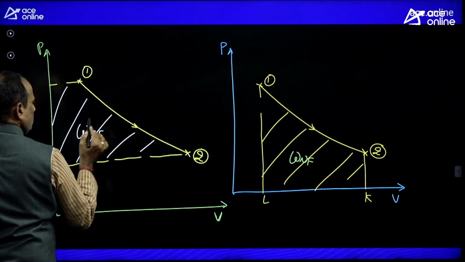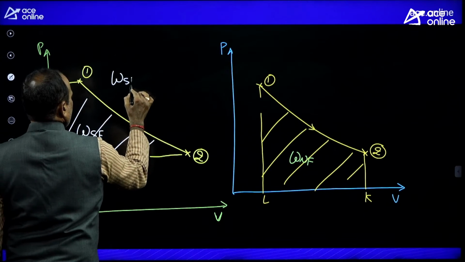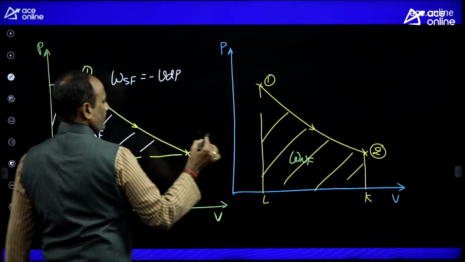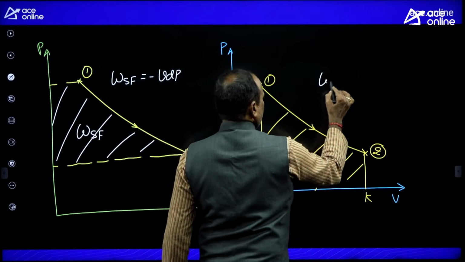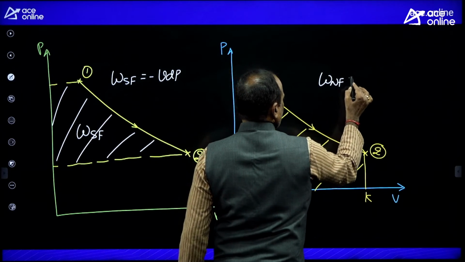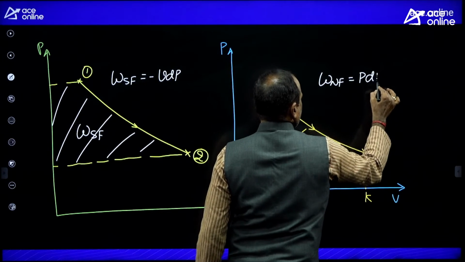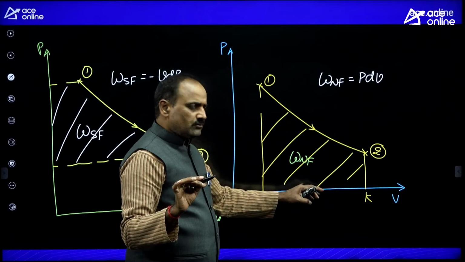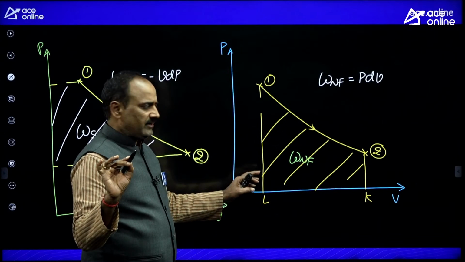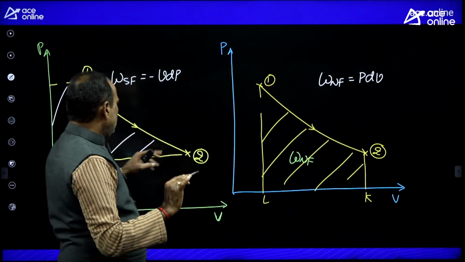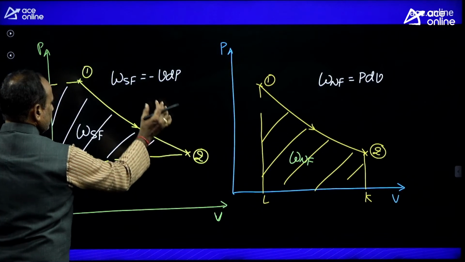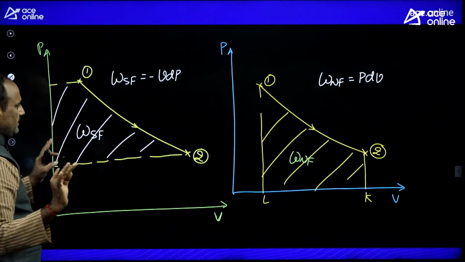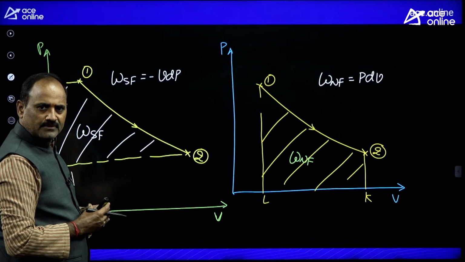Because the steady flow work formula is equal to minus VdP, whereas the non-flow reversible work formula is equal to PdV. Since PdV is the non-flow reversible work, the area towards the volume coordinate in the PV diagram is the non-flow work. And steady flow work is equal to minus VdP. Therefore, the area towards the pressure coordinate is equal to the steady flow work.